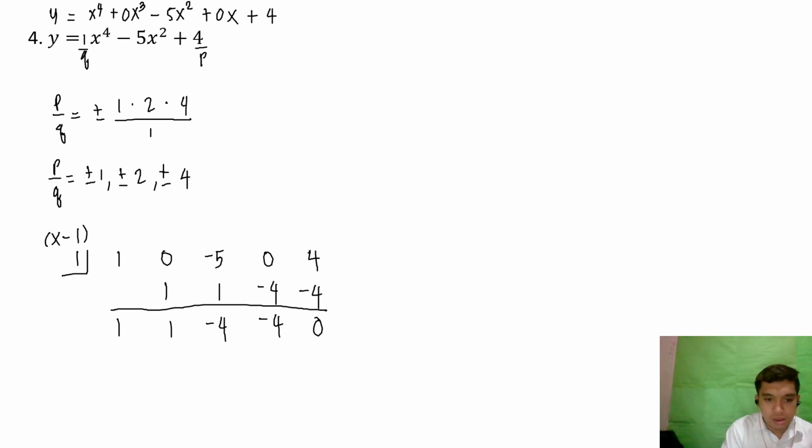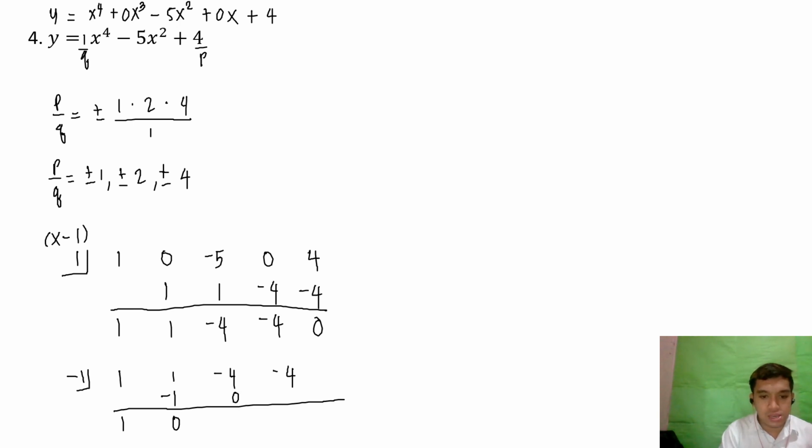Then next, continue lang natin to. 1, 1, negative 4, then negative 4. Gamitin naman natin yung negative 1. So bring down 1 ka lang dyan. 1 times negative 1 is negative 1. 1 plus negative 1 is 0. 0 times negative 1 is 0.